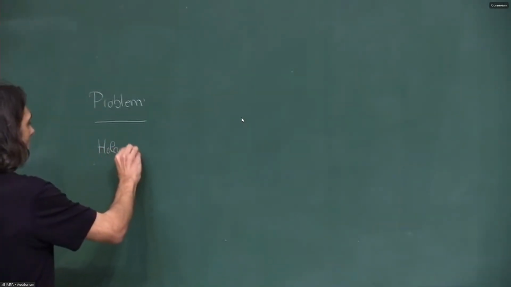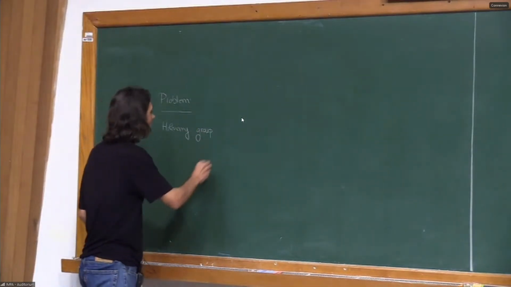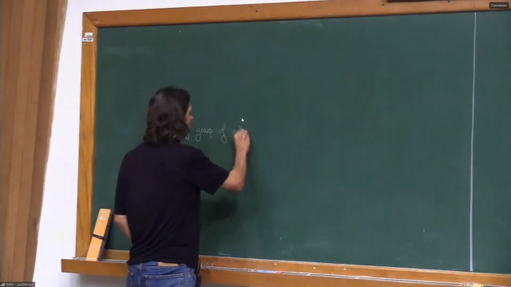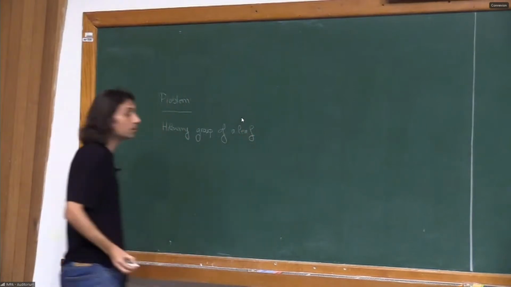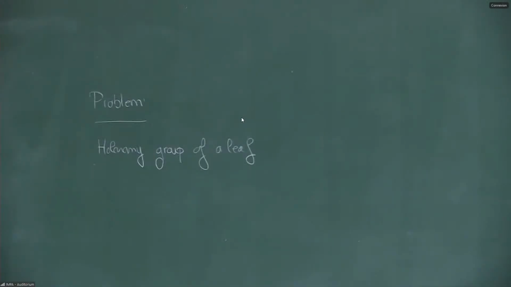For instance, if you consider the holonomy group of a leaf, even if you're working in a global setting, this is typically a group of local diffeomorphisms.